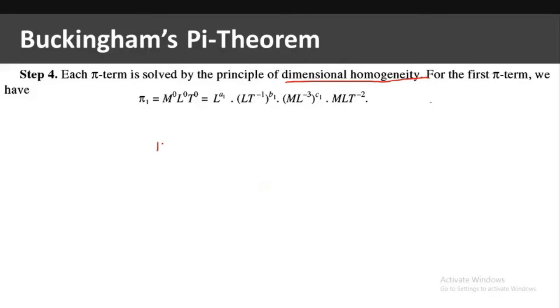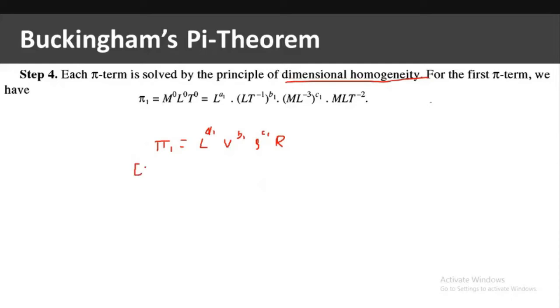Again I'm writing here. So pi 1 is L to the power a1, then velocity to the power b1, then mass density to the power c1, into resisting force R. Basically we have to assume this as a dimensionally homogeneous equation.